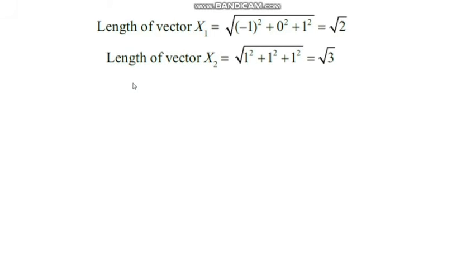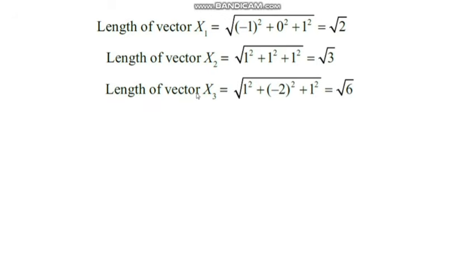Similarly, for the length of the second eigenvector, the square root of 1 square plus 1 square plus 1 square, the length is root 3. Finally, the length of the third eigenvector is the square root of 1 square plus (-2) square plus 1 square, that is root 6. Root 6 is the length of the third eigenvector.